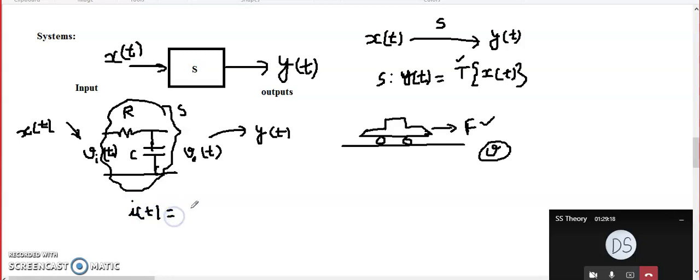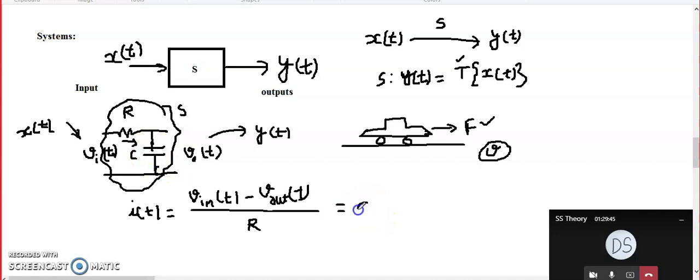The current in the circuit will be the input voltage minus the output voltage, divided by R. This is the current in the resistance. What will be the current in the capacitor? Both will be equal. The current in the capacitor will be C times dV/dt of V output. Okay, V output will be the capacitor voltage.